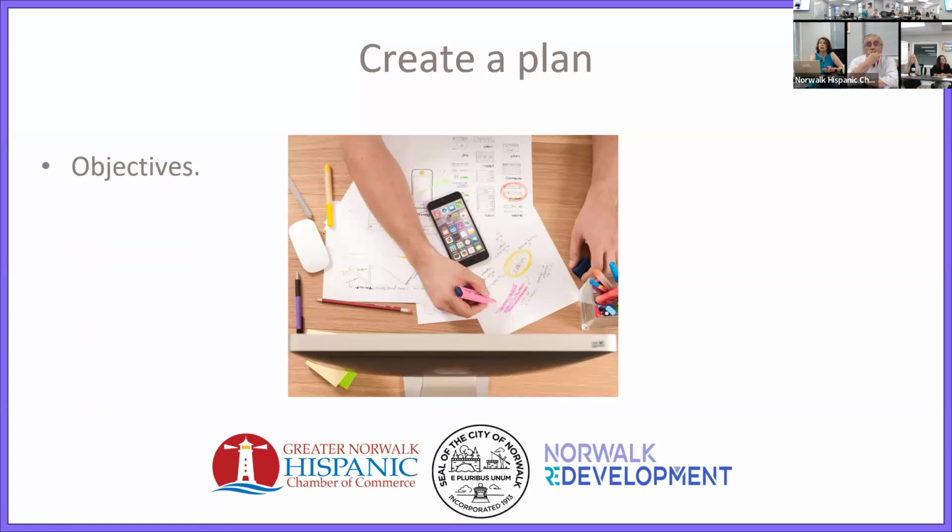Sometimes you may measure it by the number of people that show up, or the number of people getting access to the services and so on. So what are you going to have as a success measure for this program that you want to run?